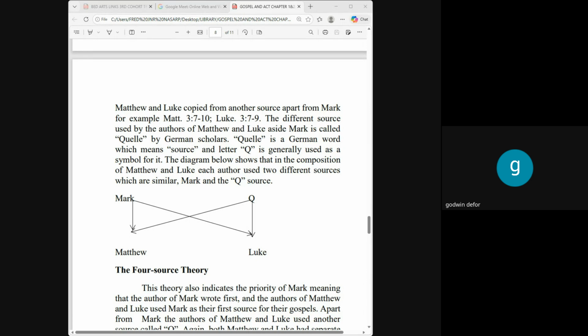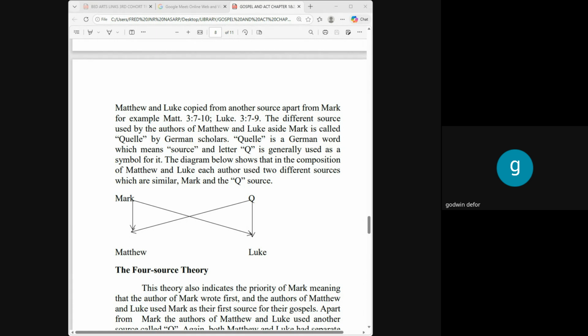Again, you see an arrow moving from Mark straight to Luke, meaning that Luke used material from Mark, and another arrow moving from Q towards Luke, telling you that Luke copied from Q.